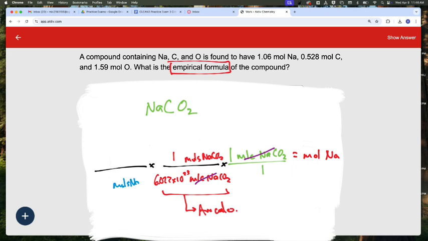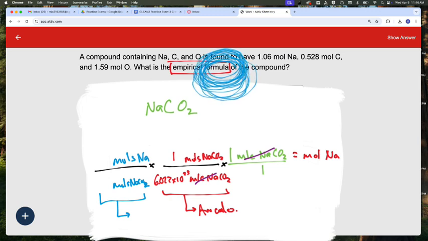The moles of the sodium CO2 needs to cancel, and what needs to appear? The moles of the sodium, right? Because that's what I'm solving for. Where do I find the conversion factor to relate those? From a formula.